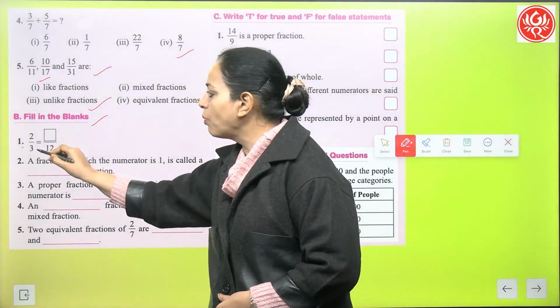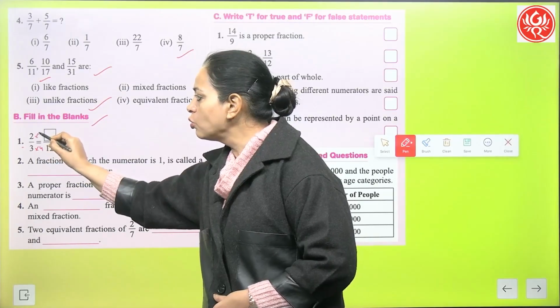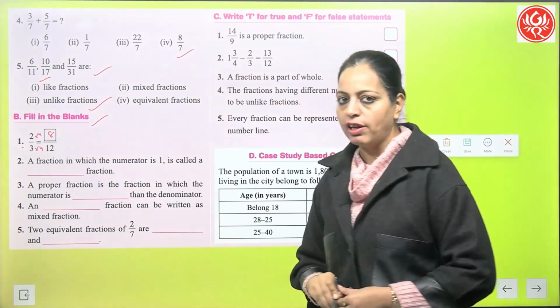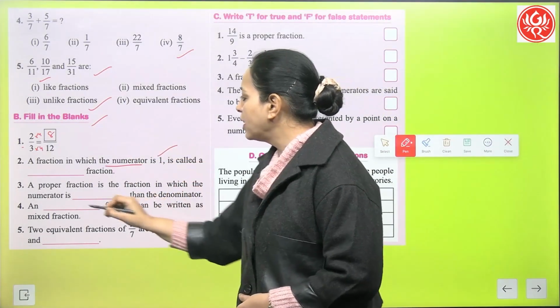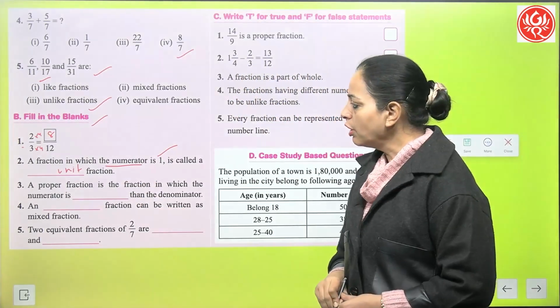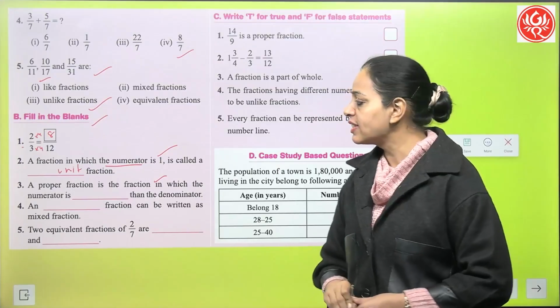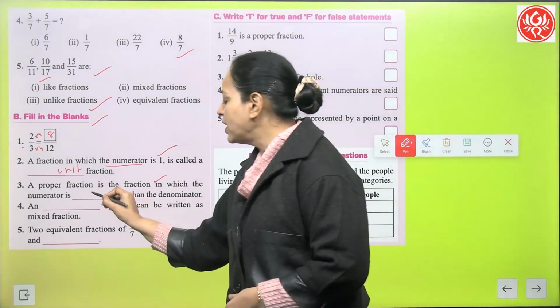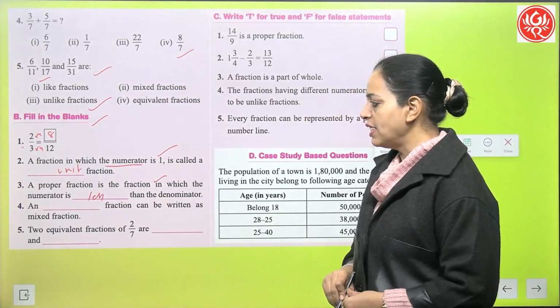Now B part, filling the blanks. The first one, 2/3 equals to dash by 12. So 3 4s are 12, 2 4s are 8, so 8/12. The second one, a fraction in which the numerator is 1 is called a unit fraction. The third one, a proper fraction is a fraction in which the numerator is dash than the denominator. Numerator is less than the denominator.